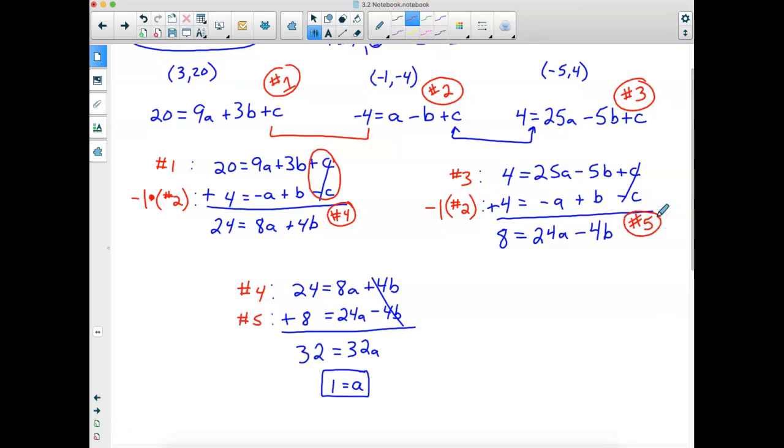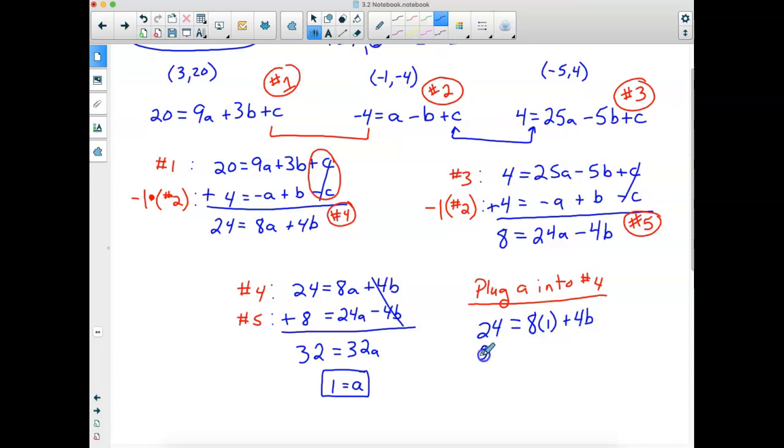Equation 4 and 5 each only have an A and a B. So if I plug my A value into, say, equation number 4, I get 24 equals 8 times 1 plus 4B.